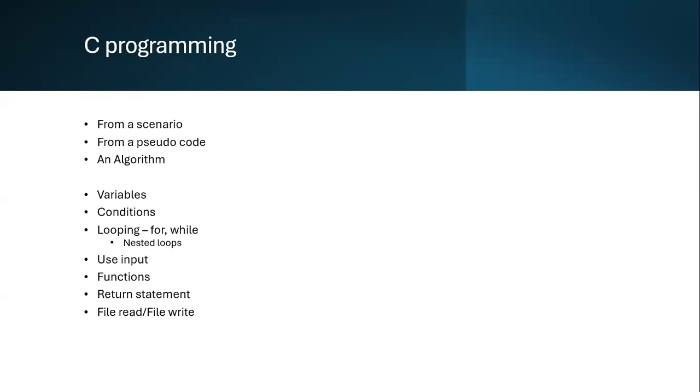There might be another case where a pseudocode is given, and you implement the pseudocode in C programming. Or there might be an algorithm given for you to implement in C programming. Any aspects might be there, so you should focus on these kinds of things.